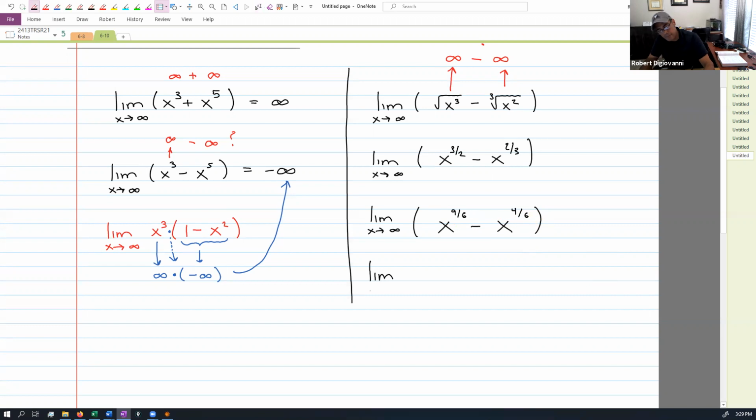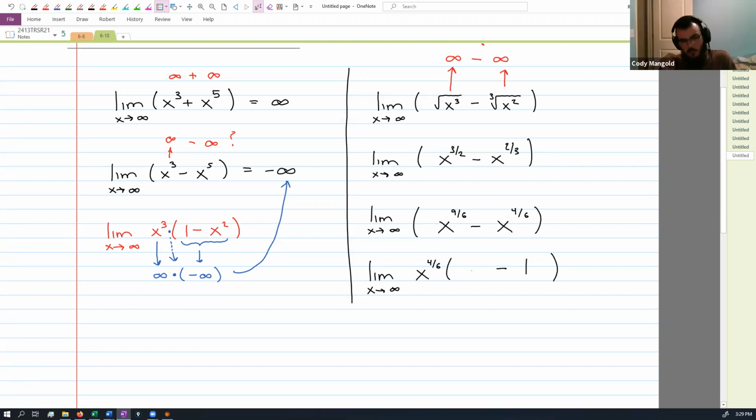Next step, I'm going to factor out a GCF. Okay, so look at these. They both have x, and they both have at least 4/6 in them. See if you agree with that. If I factor x to the 4/6 out, I will have a -1 here at the end. Do y'all agree? -1, because if I distribute that to that -1, I get back this one. The question is, what's this?